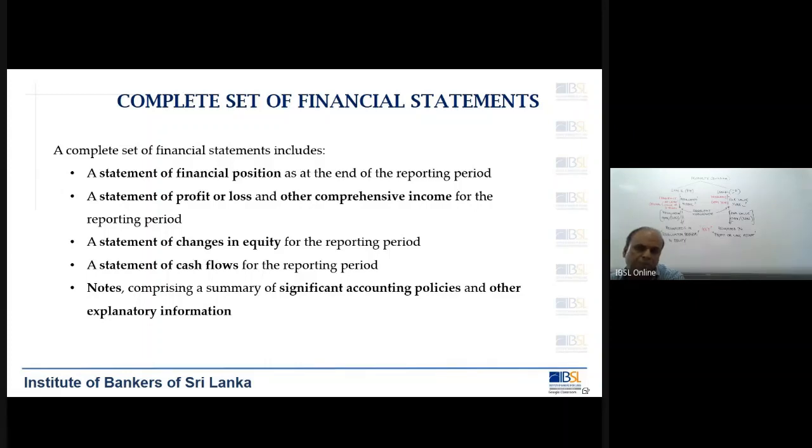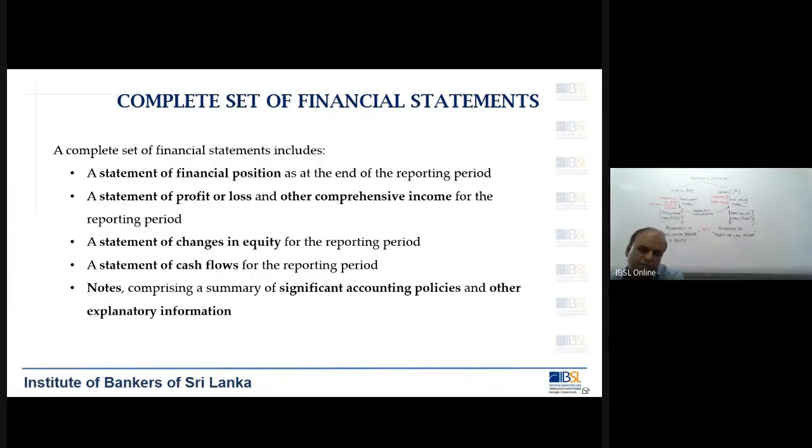Then number 3, a statement of changes in equity. Again, that is the third part. Now, the first 3 bullet points, 1, 2, and 3, are your exam question number 1.